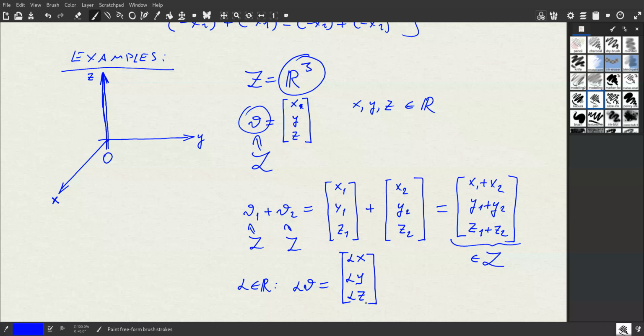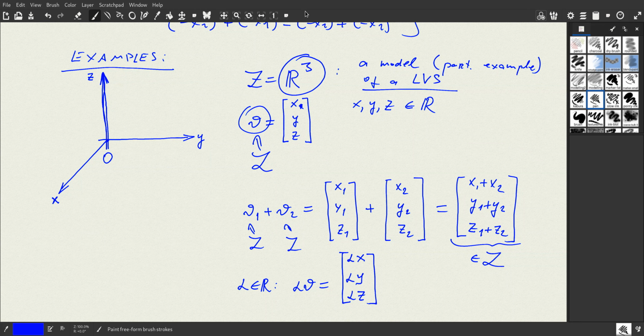In this case, those 8 axioms which we have seen above are not axioms anymore. They can now be verified. They can now be proved. So we can say that R3 is a particular example, or a model, of a linear vector space.